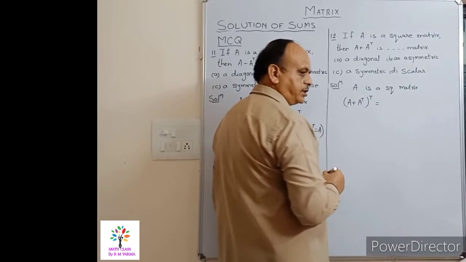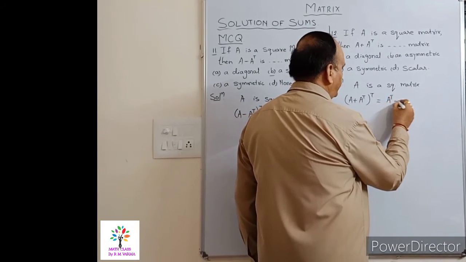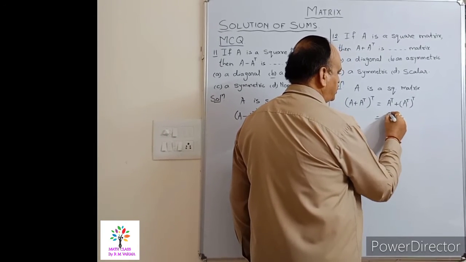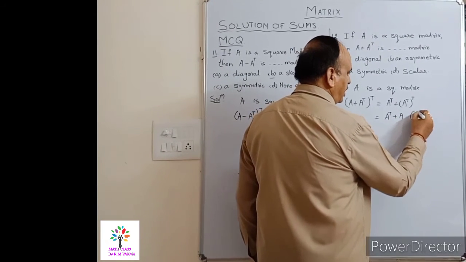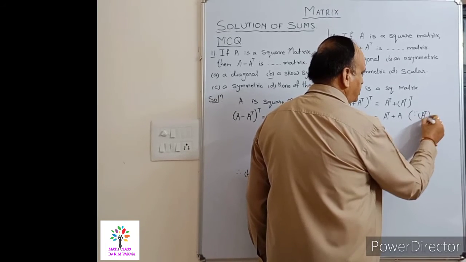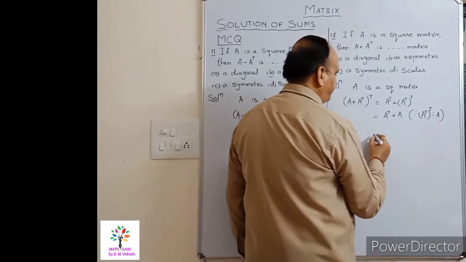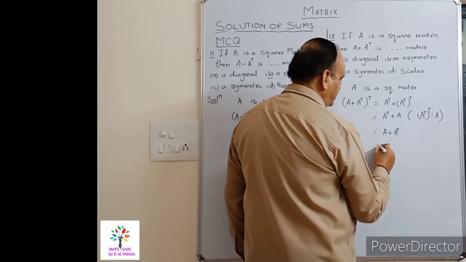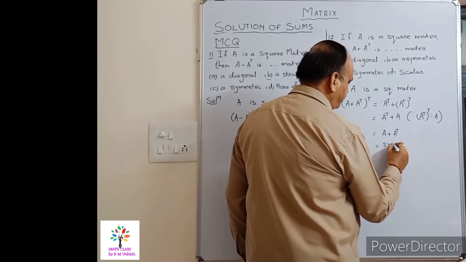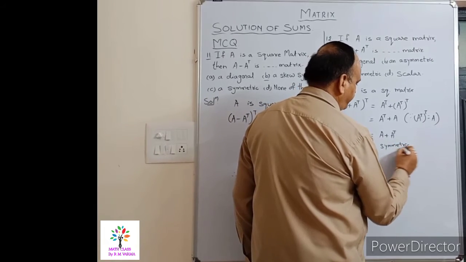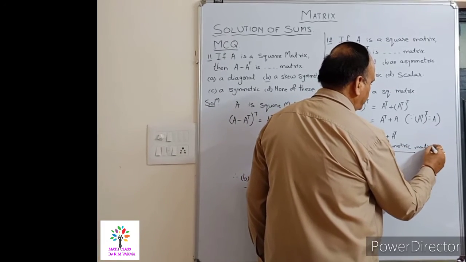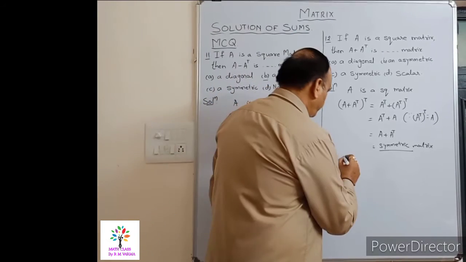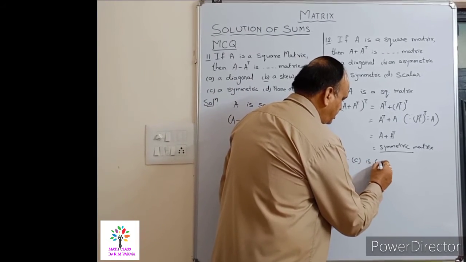I take transpose of it, I get A transpose plus A transpose and its transpose, which is equals to A transpose plus A. Again, the reason is A transpose and its transpose is equals to A, which can be written as A plus A transpose, which is equals to symmetric matrix. Now, symmetric matrix is option number C. Therefore, C is the correct answer.